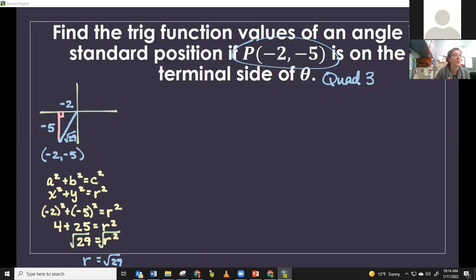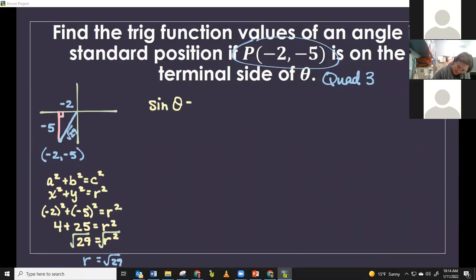Now that I know the radius there is the square root of 29, I can write my 6 trig values, my 6 trig functions. Sine of theta is going to be y over r. So what will my sine value be?